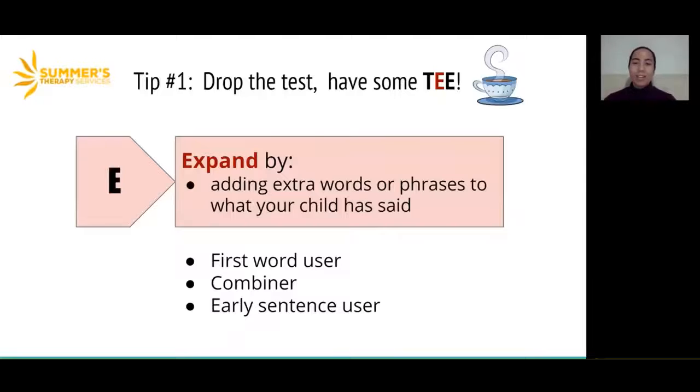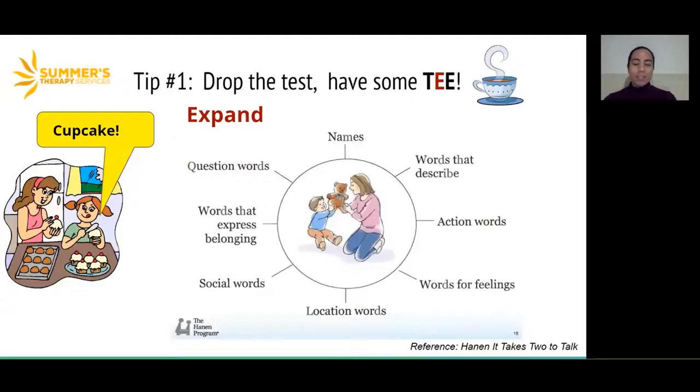All right. So the next part that we can do to model language is expansion by adding extra words or phrases to what your child has said. This is exceptionally useful if your child is in the first words user stage, the combiner stage, or the early sentence user stage. All right. So for example, the child has said cupcake. Now, how do we expand it?